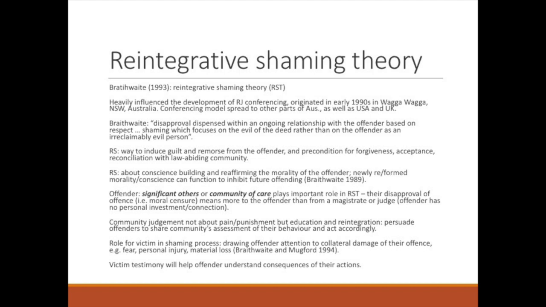Community judgment is not about pain or punishment, but rather it's about education and reintegration. It's about persuading offenders to share the community's assessment of their behavior and act accordingly. Importantly, victim testimony will help the offender understand the harm that they've done and the damage that they've caused.